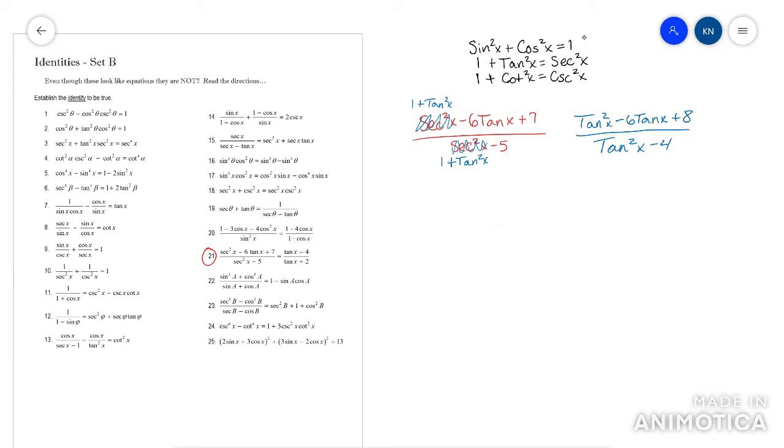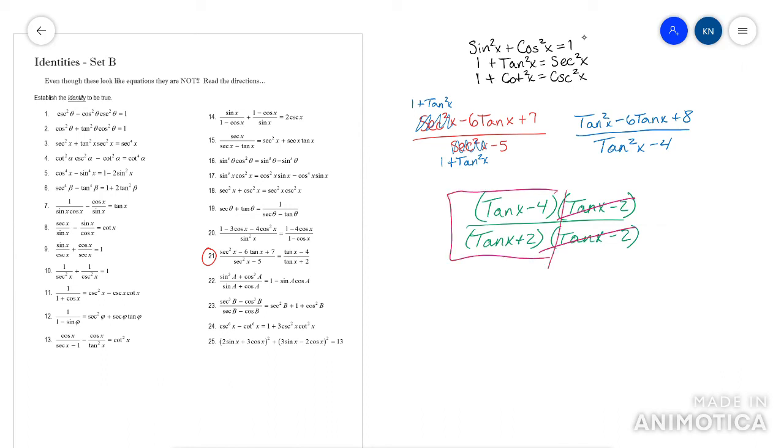The top's a trinomial that'll factor into tan minus 4, tan minus 2. The bottom is a difference of squares that'll be tan plus 2, tan minus 2. These tan x minus 2's will cancel. And it'll leave you with tan x minus 4 over tan x plus 2, which is what I wanted. So I'd be done.